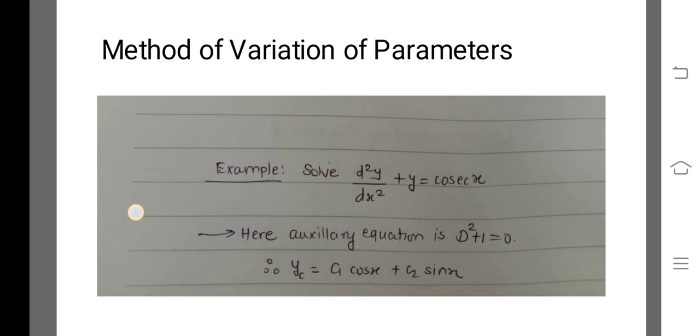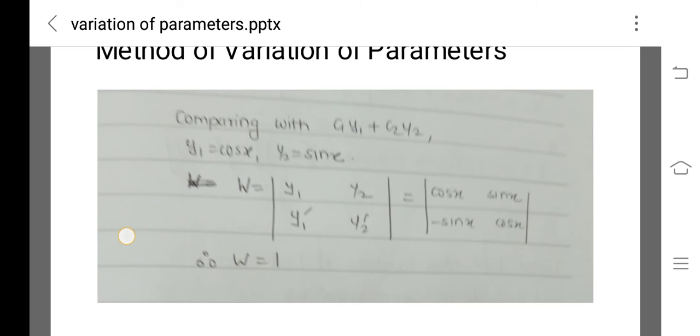So we can write yc as c1 cos x plus c2 sin x. Our format for yc is c1y1 plus c2y2, so we compare this yc with c1y1 plus c2y2. So our y1 is cos x, y2 is sin x.